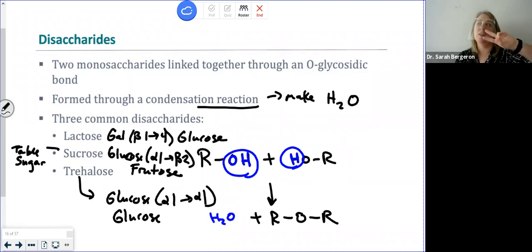Where we have beta 1,4, there's only one designating the alpha or beta configuration. But look at the next one, sucrose is glucose alpha 1, beta 2 to fructose. Do you see that? Okay, why is that?